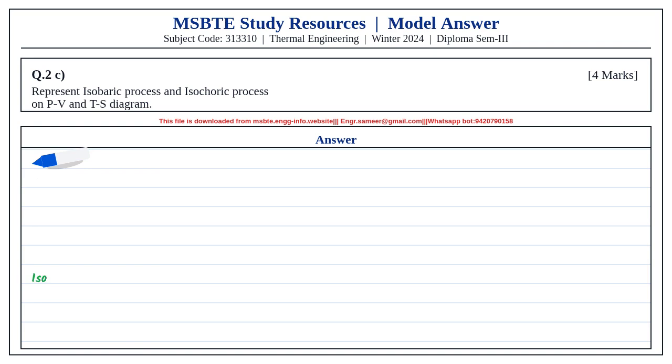By Charles' law, V1 by T1 is equal to V2 dash by T2 dash. Since T2 dash is equal to T2, V1 by T1 is equal to V2 dash by T2. By Boyle's law for process 2 dash to 2, P2V2 is equal to P2 dash V2 dash.